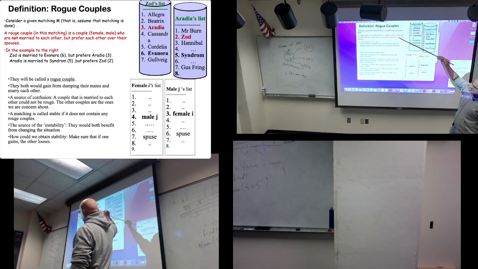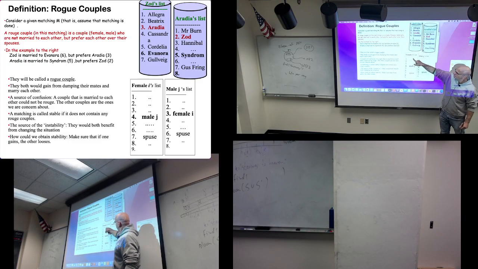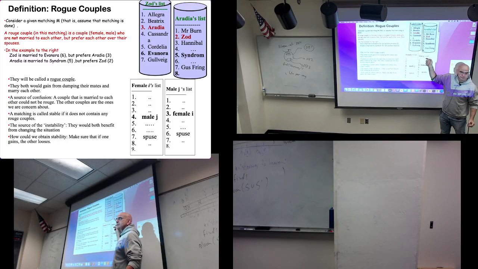A rogue couple in this context is, let's think about female I and let's think about male J. If each one of them got their first choice, then this is a very stable pairing. Now, let's think about the case that they are not married to each other.